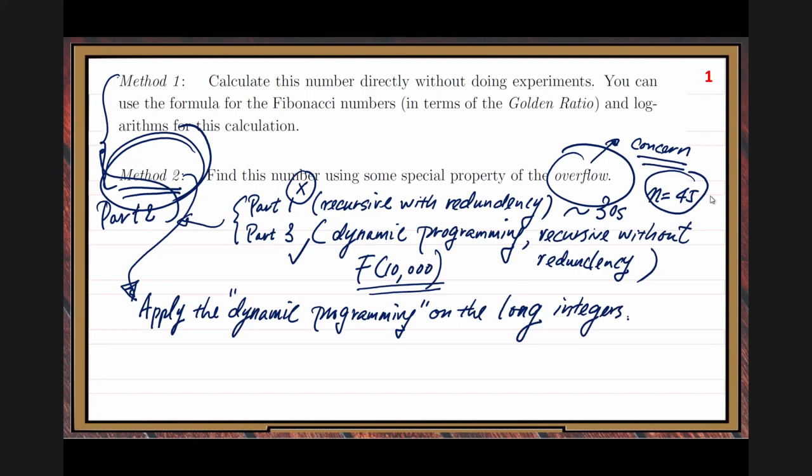So it runs very fast. Sooner or later, you will hit overflow, right? So Fibonacci iteration.